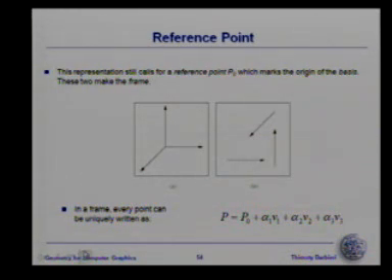So, every point in a frame can be described by its coordinates against the basis, so alpha 1, alpha 2, and alpha 3 against the basis v1, v2, v3, plus the point of origin. This is everything you need to pinpoint a specific point in a system of coordinates.